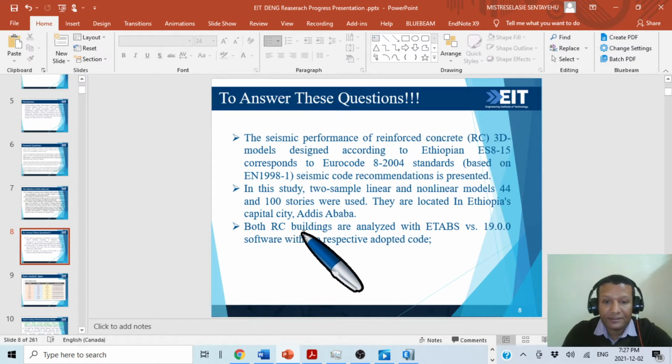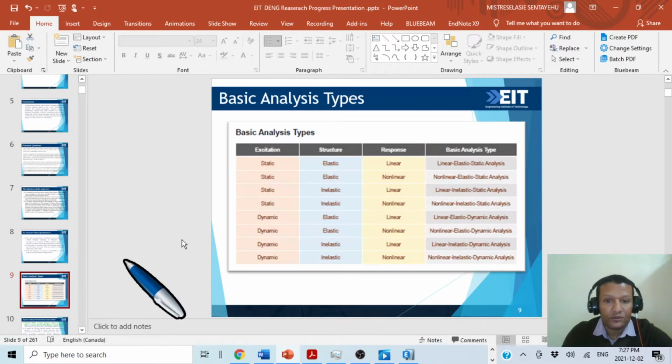Both RC buildings are analyzed with ETABS version 19 software with the respective adopted codes. This is the linear part. These three analyses are for the linear parts, and two analyses will be for the nonlinear parts.